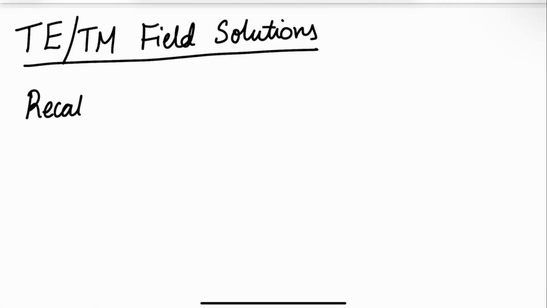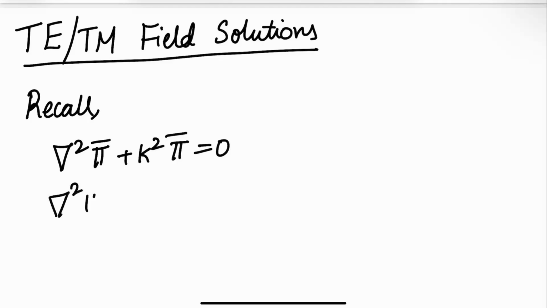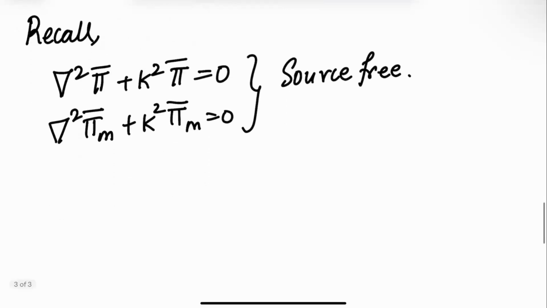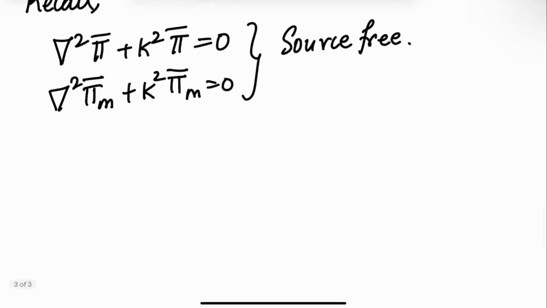If you recall, we had the Hertz vector potential, which satisfied the vector wave equation in a source-free region. And we had the Hertz magnetic vector potential, which also satisfied the vector wave equation in a source-free region. And so we'll use this Hertz vector potential to develop TE TM solutions.